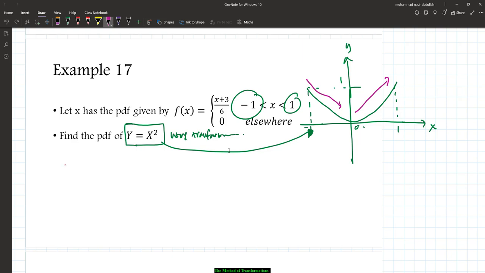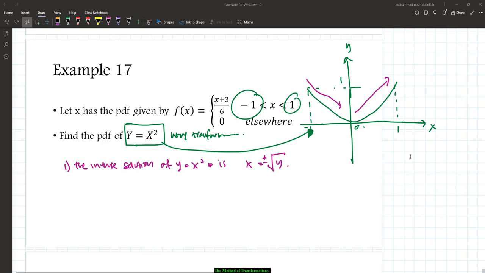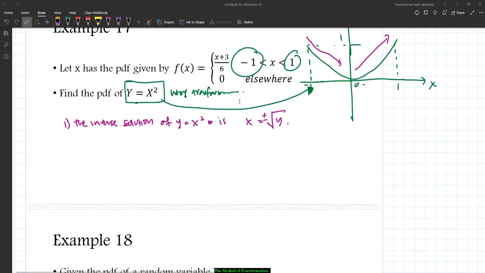Now the first step is the inverse solution of y equal to x squared, which is x equal to plus or minus square root of y. Same steps, the same thing. Let me bring this down.